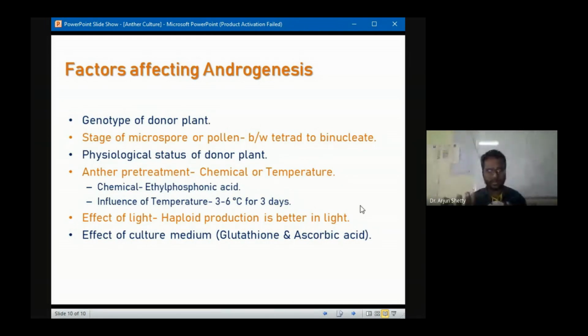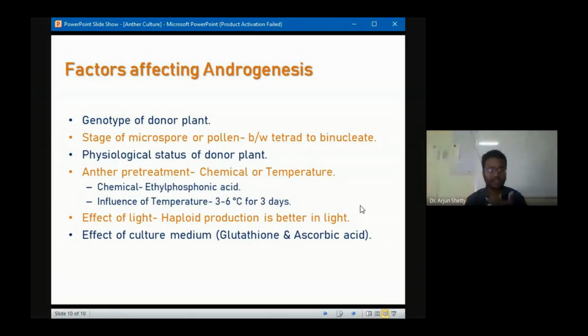All the nutrient media must contain the macro and micronutrients. Apart from that, for obtaining haploid plants, either from the anther or pollen, they require some specific plant growth regulators.